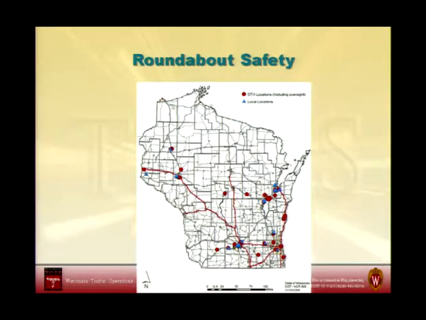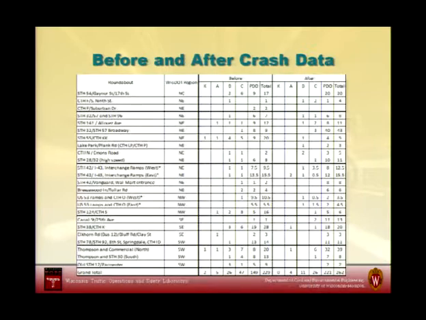So let's talk about the safety issue then a little bit. Again, the map of the state of Wisconsin, and I won't list off all the cities and locations, but we looked at a number. I think there were approximately 24 or so roundabouts that we took a look at and analyzed in great detail. And again, I'm going to overwhelm you with a bunch of numbers on a slide.